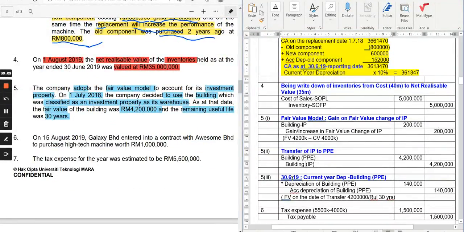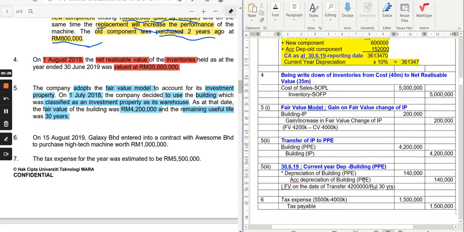So the difference between the carrying value and the fair value was 200,000. There is a gain in fair value change. So when it was still an IP, debit building, IP portion, and credit gain on increase in fair value change, 200,000.